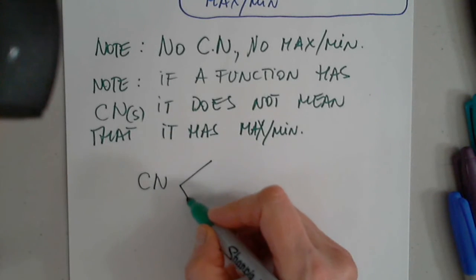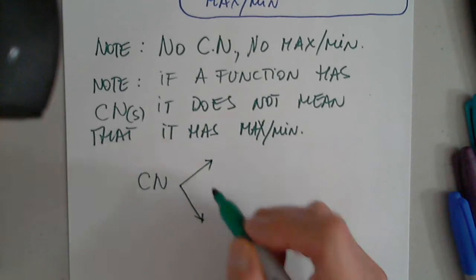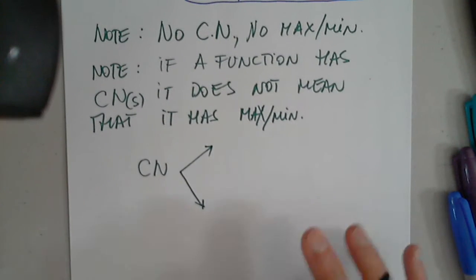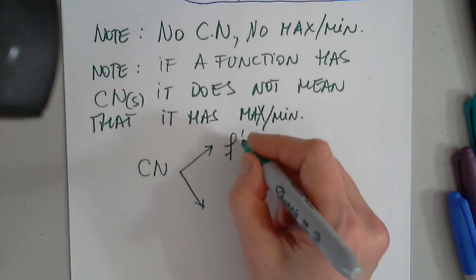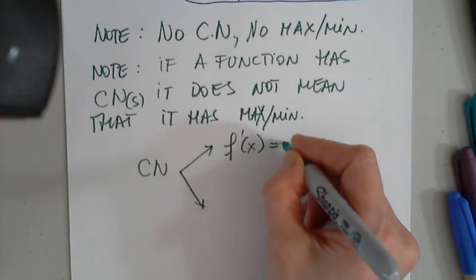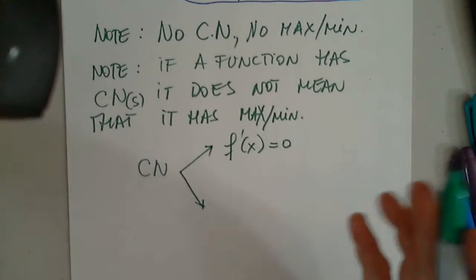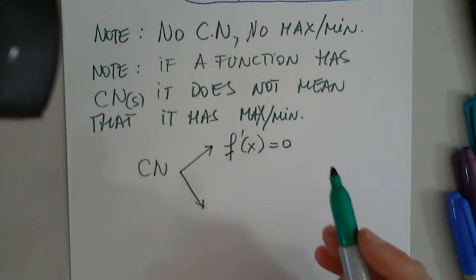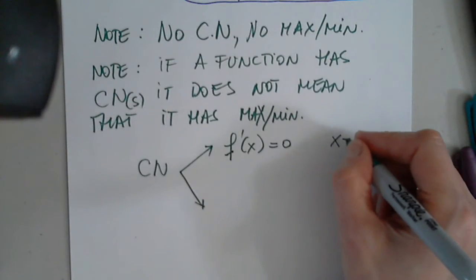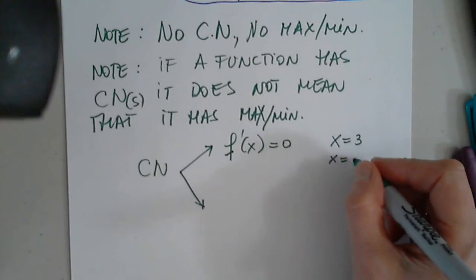Okay, so first let's talk about what is a critical number. Critical number can be of two kinds. Critical number can come from f prime of x being 0. So for a function, I determine the derivative, I set it equal to 0, and I get that x equals 3, and let's say x equals -1.